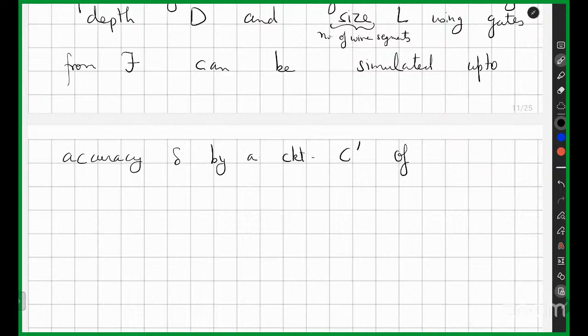The sense here is again the same thing. Both of these are unitary.